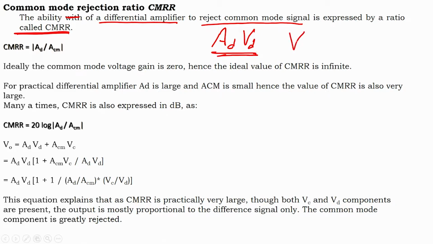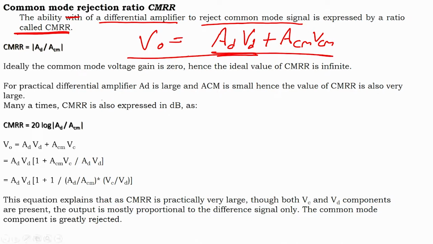See, in the equation what we have written, VO equals AdVd plus ACM VCM, right. But in reality we do not want common mode signals, we only want the differential signals, alright.